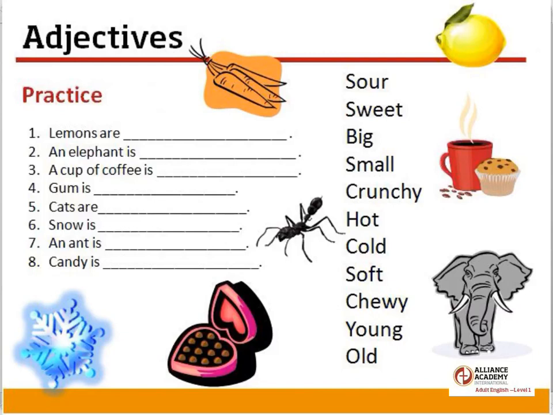Well, there are a lot of adjectives in Module 7 that you will need to remember and learn. Let's just do some practice together now. Lemons are sour. An elephant is big. A cup of coffee is hot.